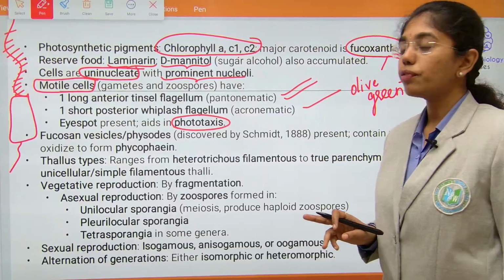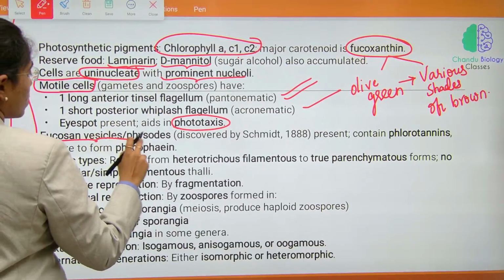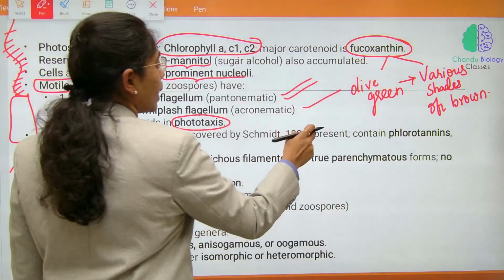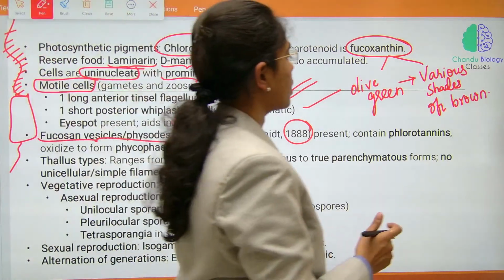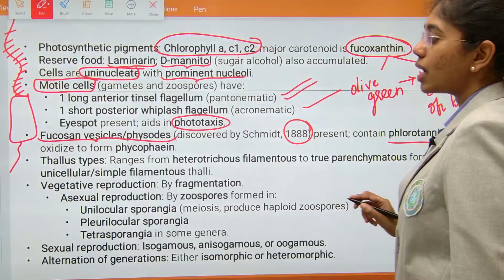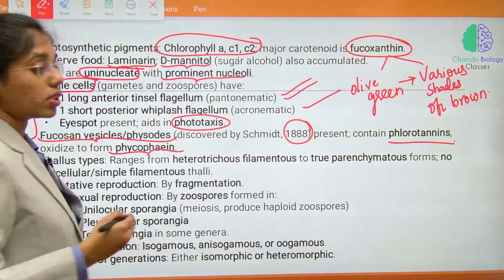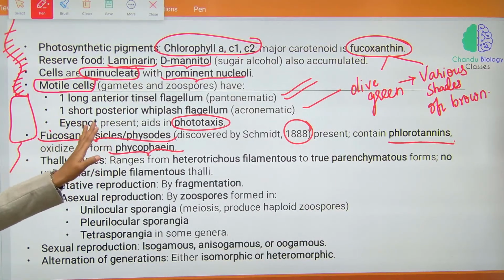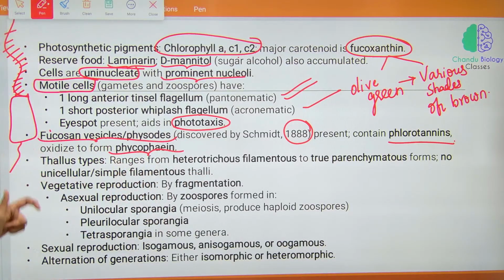Now what about fucosan vesicles? These were discovered by Schmidt in the year 1888. They contain phlorotannins, and they oxidize to form phycophaein. Fucosan vesicles or physodes contain phlorotannins.